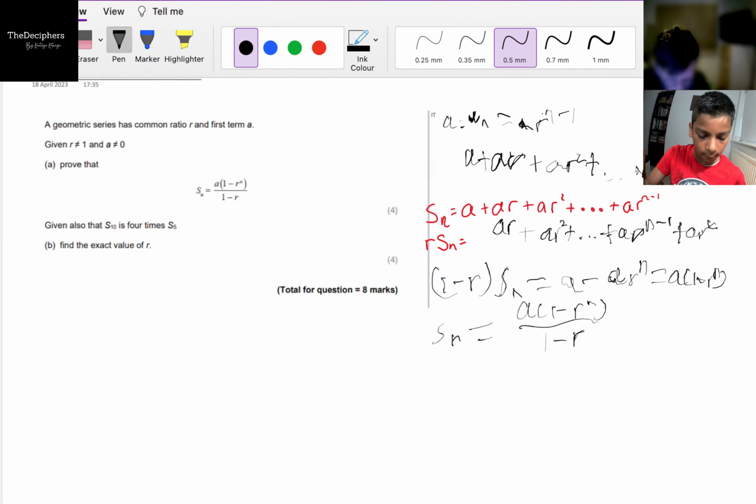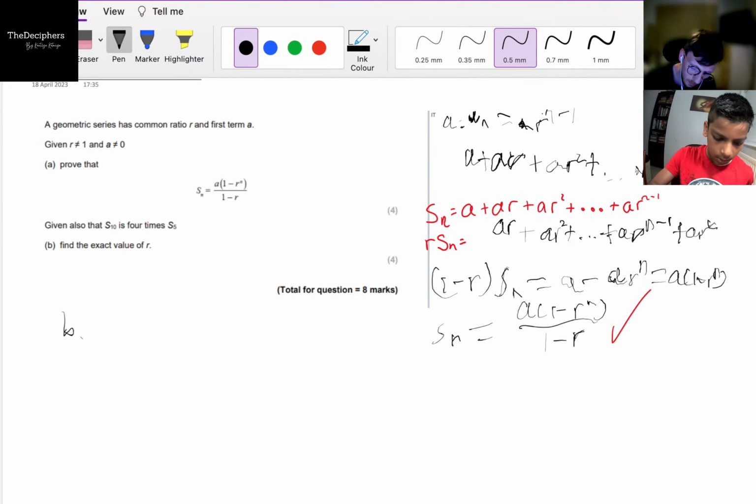Okay. Then for part B, given that S_10 is 4 times S_5, find the value of r. Okay. So S_10 is 4 times the value of S_5.